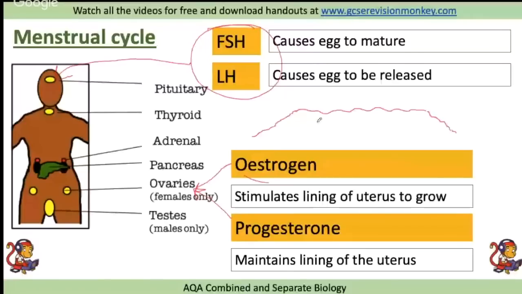On day 14, there are high LH levels, because that causes the egg to be released. Before that, the follicle stimulating hormone travels down in the blood to the ovaries and stimulates an egg to mature. Obviously the woman would just want one egg per month to mature. I'll go into more detail about how these interact with each other for higher tier later on.